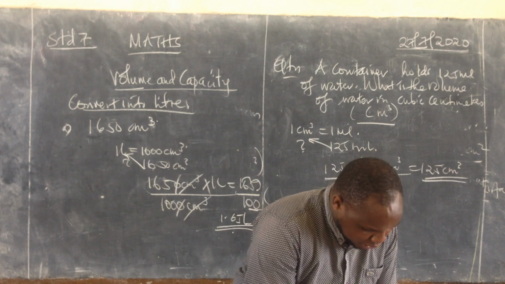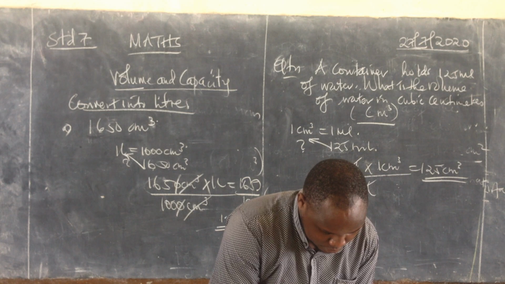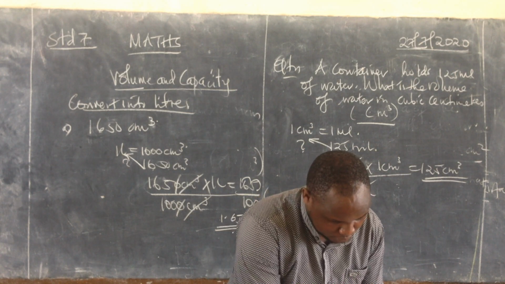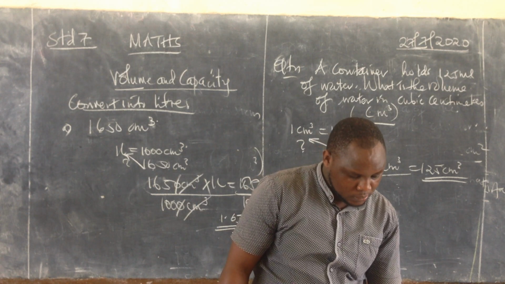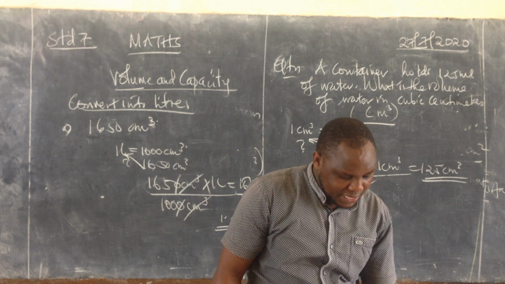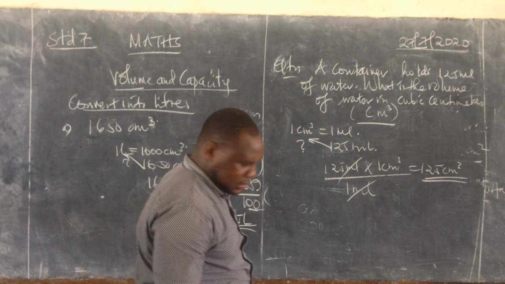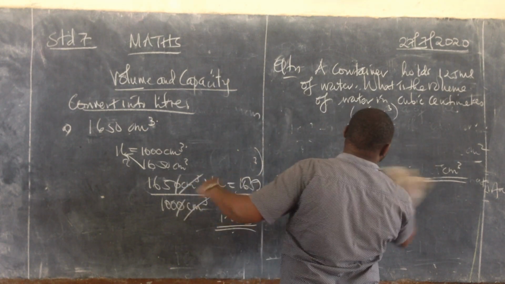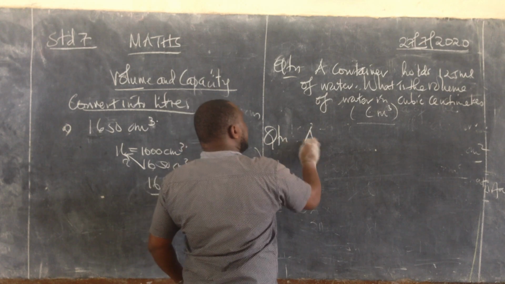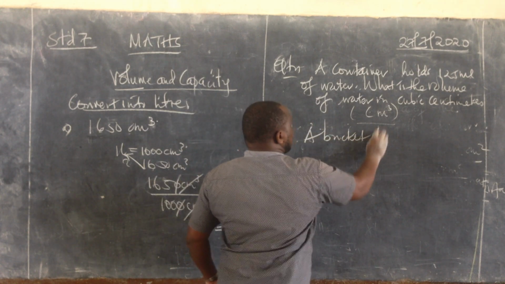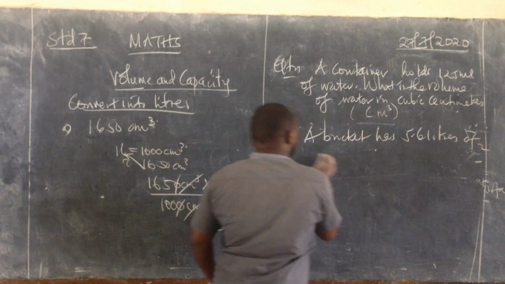The next one, learner, I'm going to give you before I call it a day. A bucket has 5.6 liters of liquid.